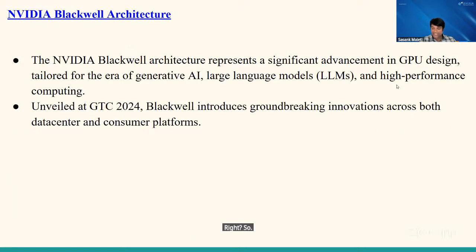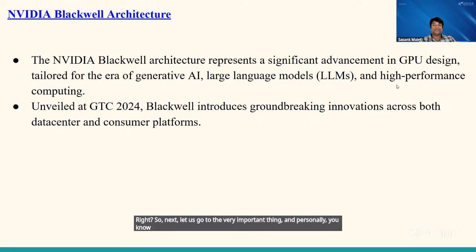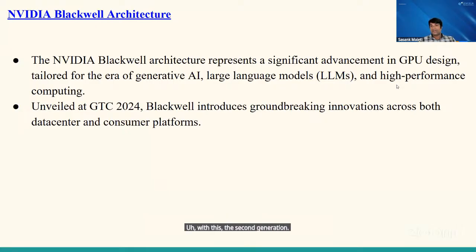So next, let us go to the very important thing. Personally, I'm very excited to see the advancements in the NVIDIA Blackwell architecture, because with this the second generation transformers have been launched, right?